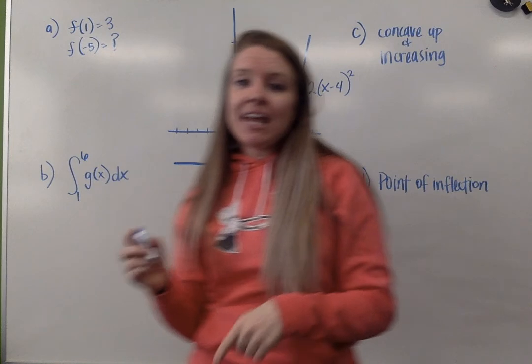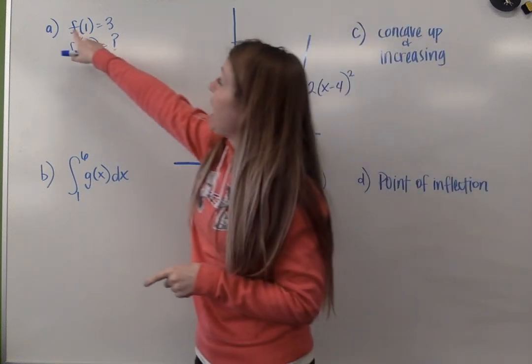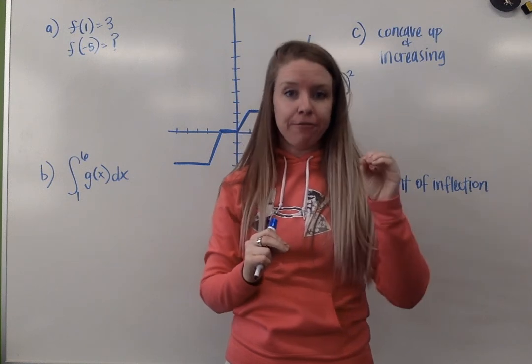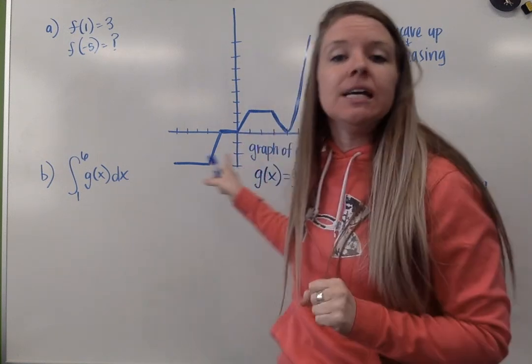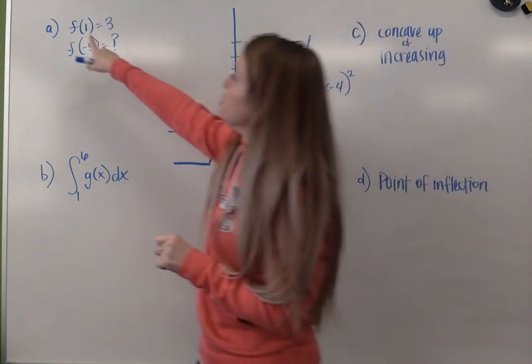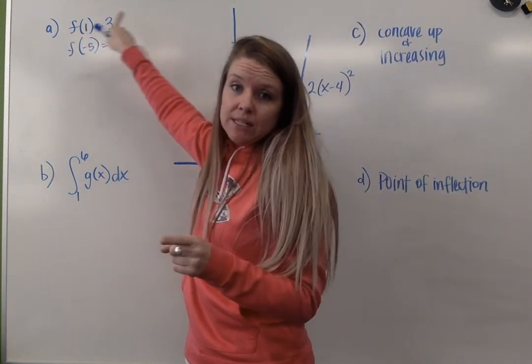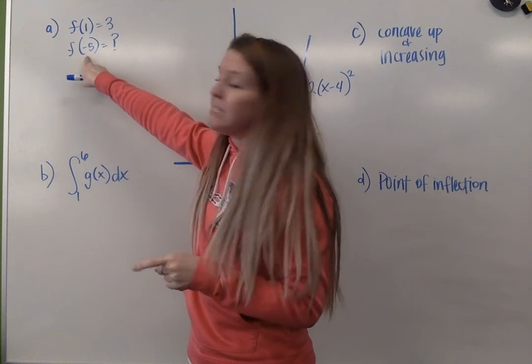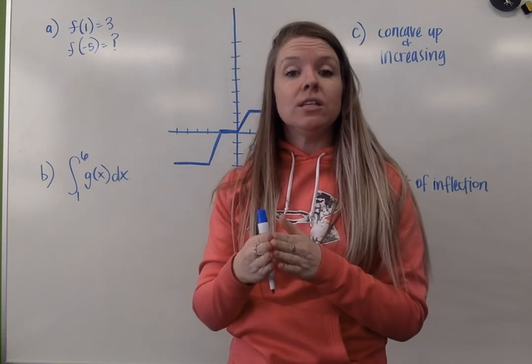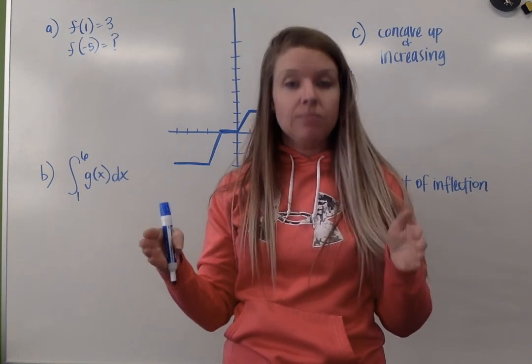On part A, they've given us that f at 1 is 3. That's position. F is the position formula since g is the derivative, which is velocity. So the position when x is 1 is at 3. What is the position at negative 5? So to figure that out, we need to know displacement.